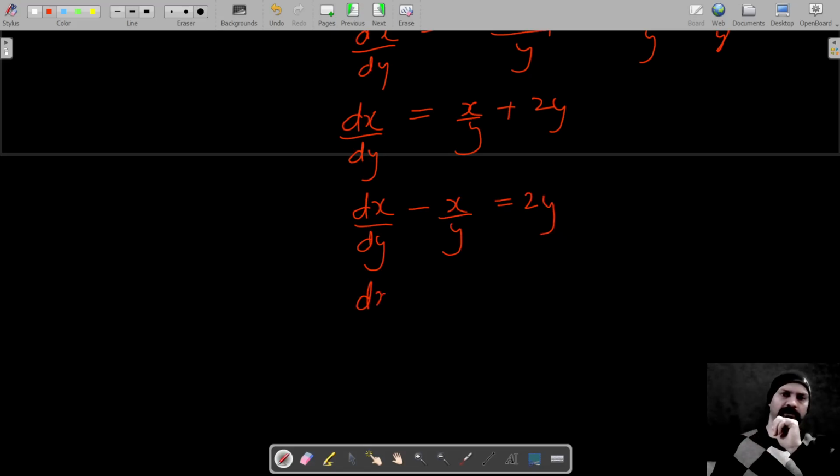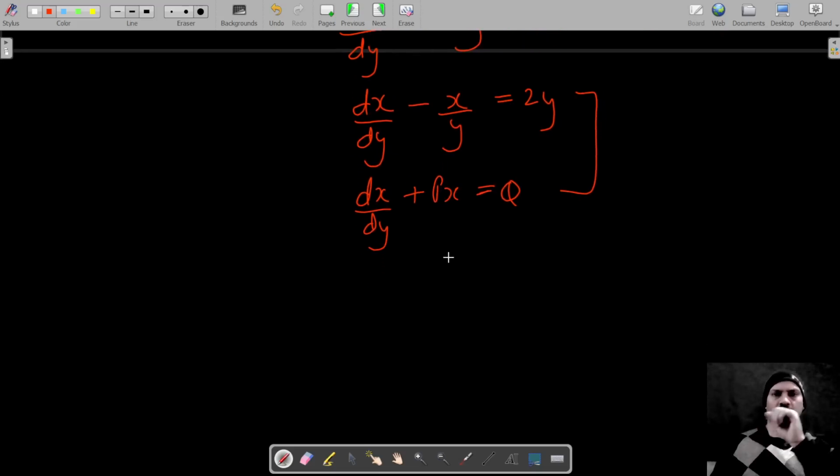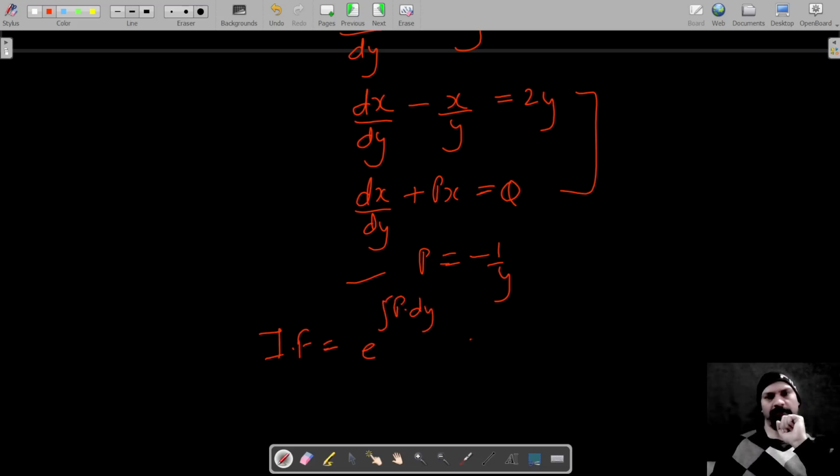And if we compare this with the standard form of linear equation, which is dx by dy plus Px is equal to Q, here P is equal to negative 1 by y, which gives us the integrating factor. The integrating factor is e to the power integration of P dy.